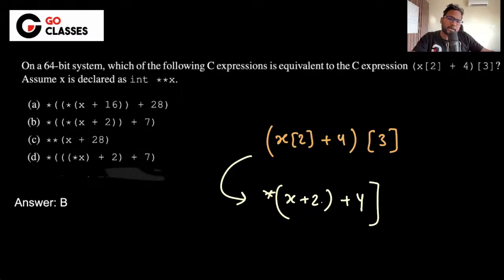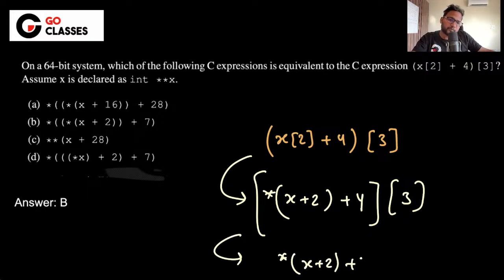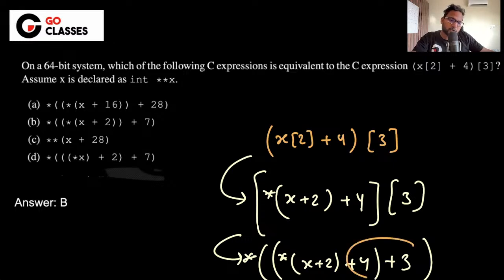It means if you are using 3 here, it is basically star x plus 2 plus 4 plus 3 and then whole star. So this 4 and 3 will get added, so it will be 7. So what will the answer be? This will be x plus 2 star and then plus 7 whole star, right? So B is the correct answer here. Is this fine to everyone? Let me know.